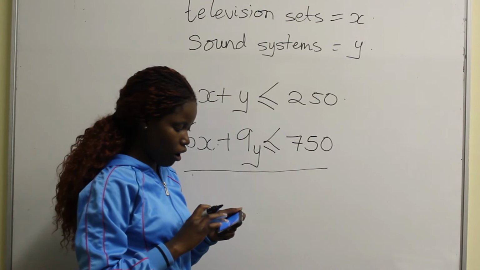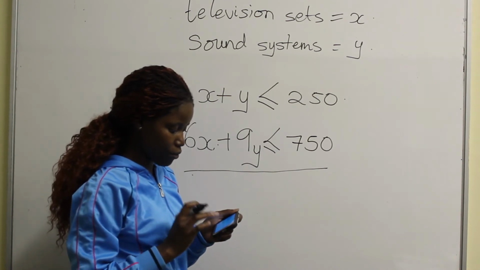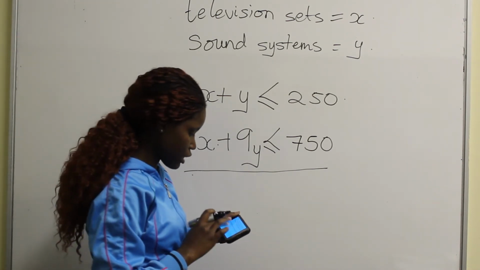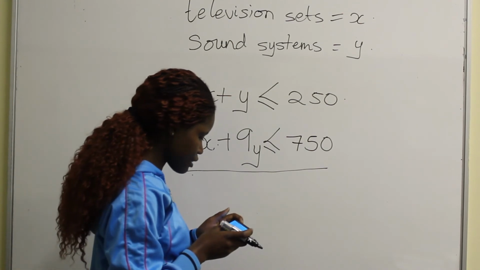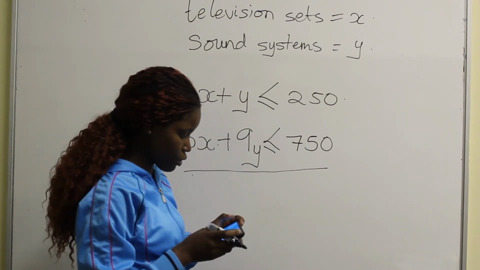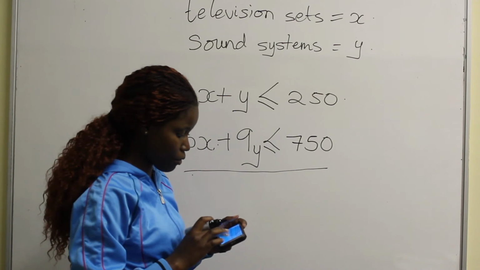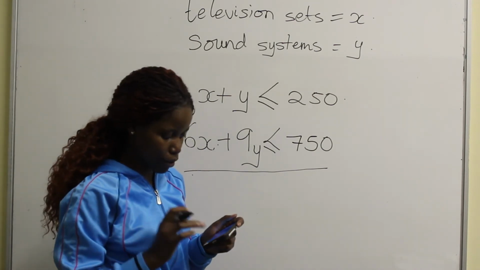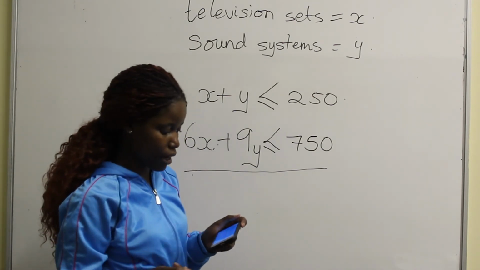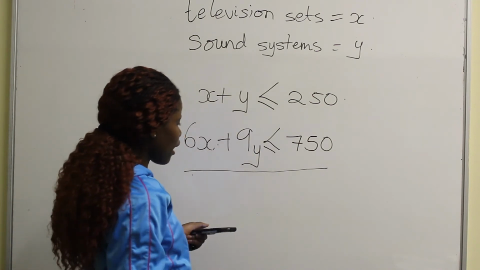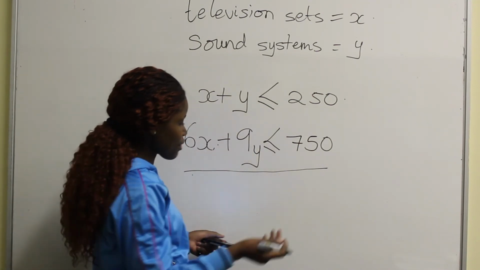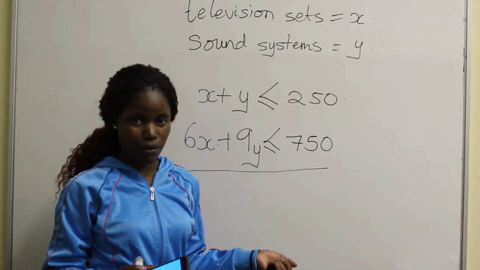The profits are 3,000 and 2,000 for the two products, respectively. And the question goes, formulate a linear programming problem of obtaining production quantities to maximize the profit. There is one thing that you have to know when we're doing linear programming.